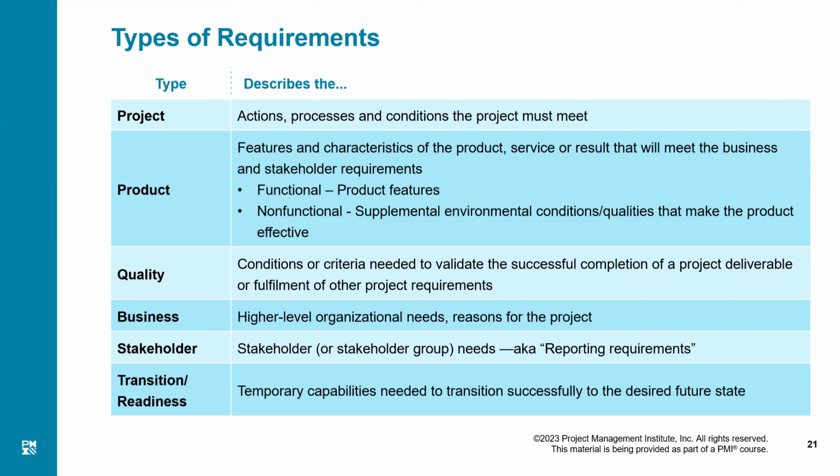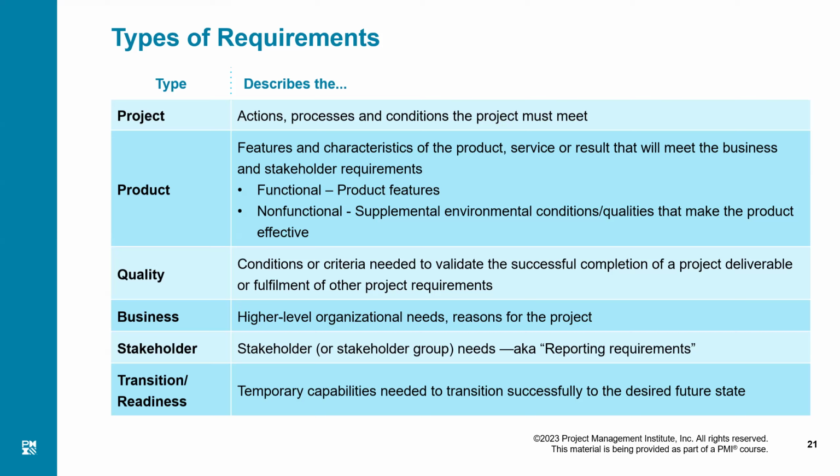So those are the business needs or business requirements. These are high-level organizational needs, and they frame out the actual reasons why we are doing this project. What I mean here is that if those reasons disappear, the need for the project is no more. So these are specifically called the business requirements.